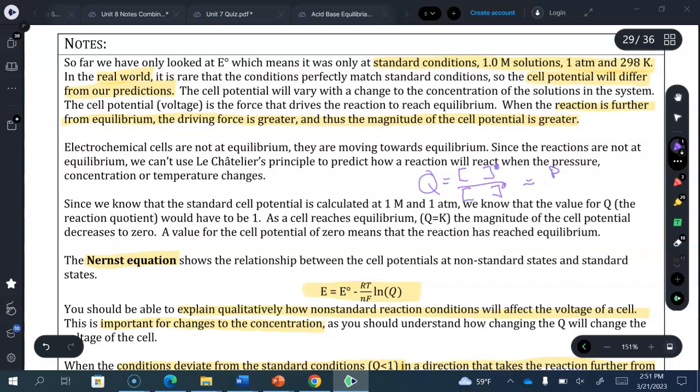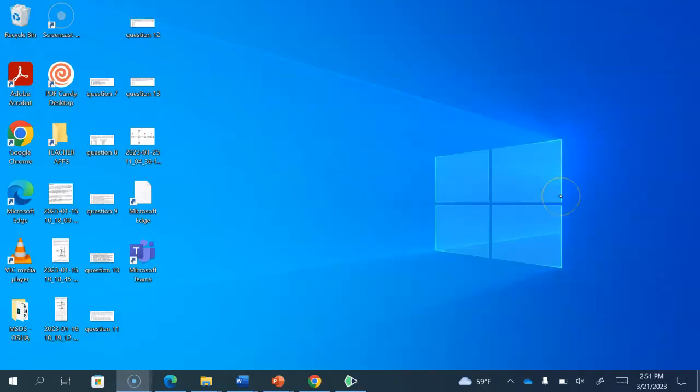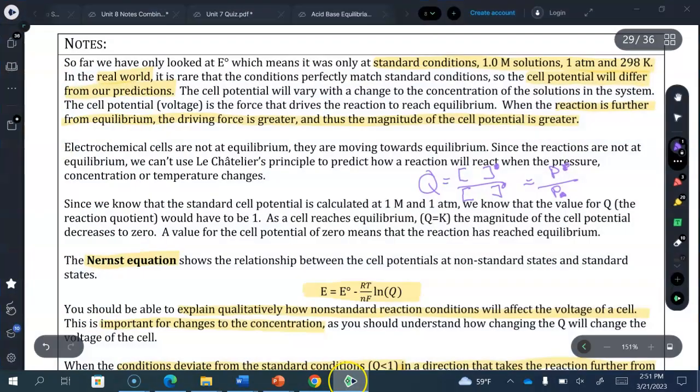Sorry, guys. Raised to an exponent. Okay, and since everything's 1, it's 1 over 1, because 1 to any power is still going to be 1. So Q is going to be 1.